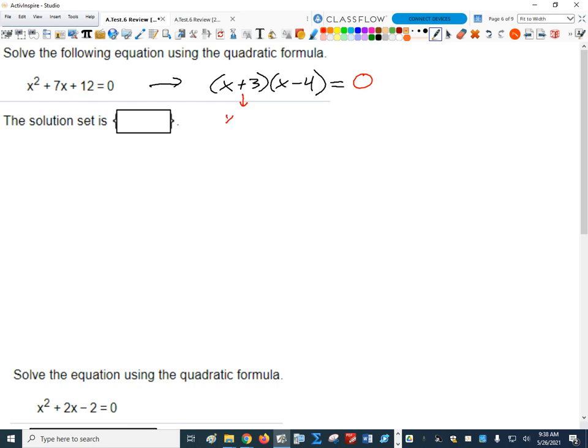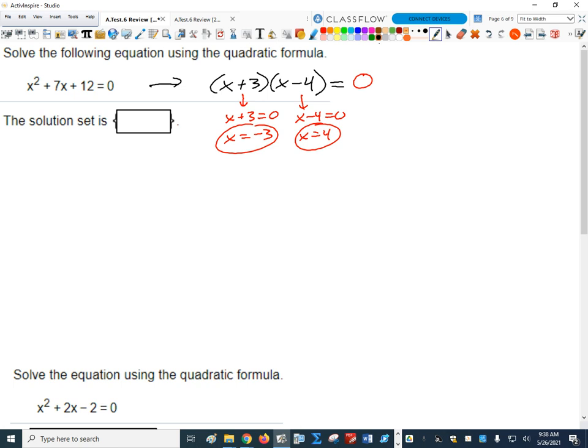I'm going to set that factor equal to 0 and solve. And so I get negative 3. Here, if I set that one equal to 0 to see what value of x makes it 0, I get 4. And I probably could have just done that in my head, right? Okay, so those are my answers.